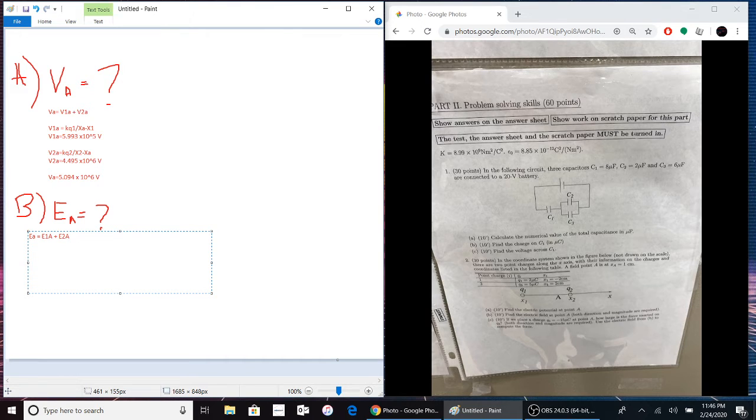And so E1A is going to be equal to K times the absolute value of Q1, right?